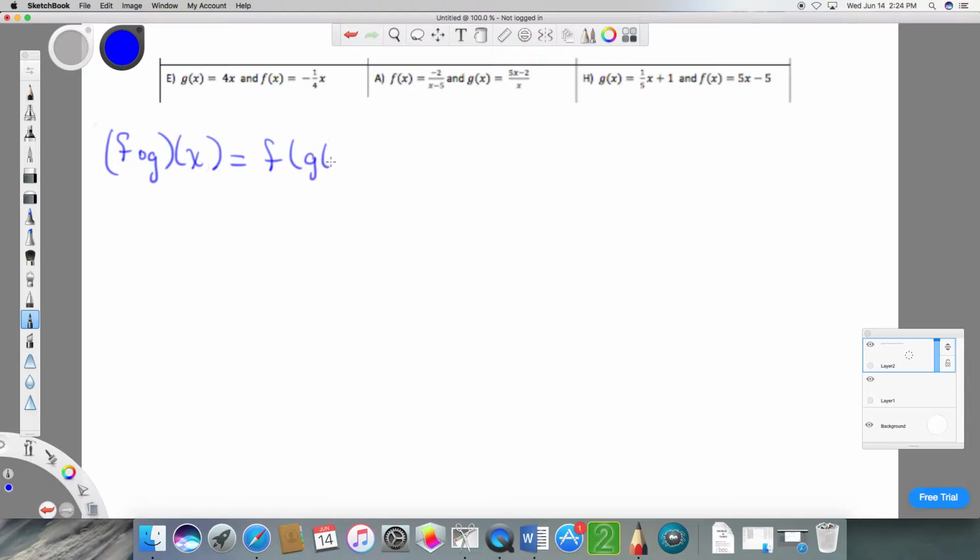And if this new function is the identity function, if it equals x, then we know these two functions are inverses of each other.